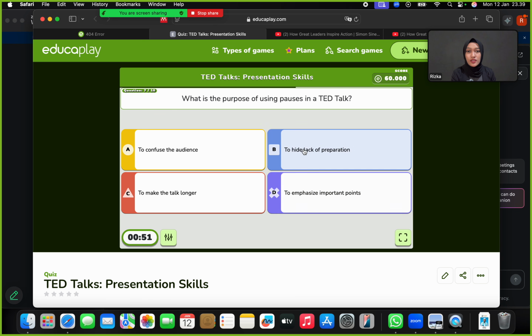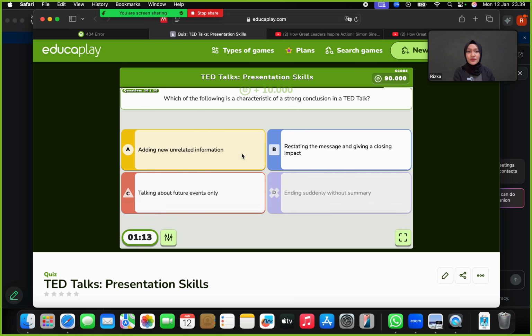What purpose? Emphasize important points. Clear message. What skill does a listener practice? Main idea, critical thinking.